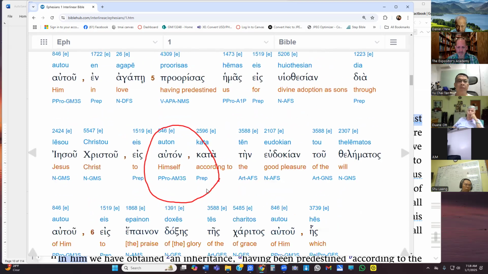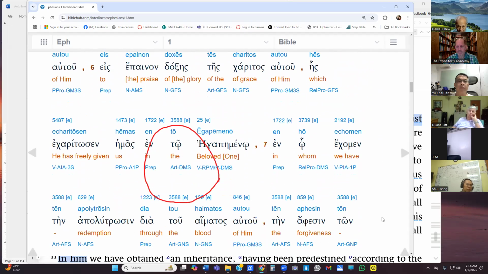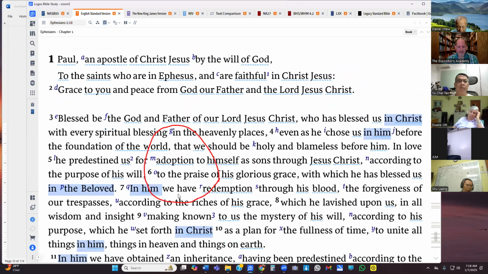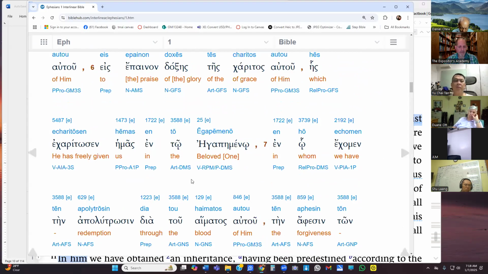And then we went down, I think, to verse 7. The ESV had in him we have redemption. So again, it made this an independent clause. We have redemption in him, period. But notice if we go to the interlinear, it's in whom. So it's modifying here.